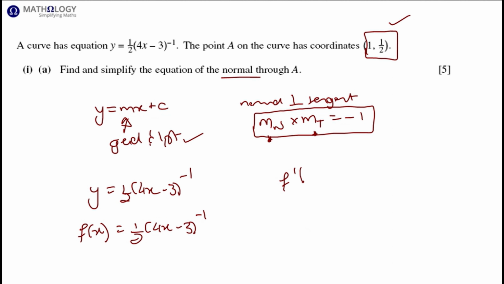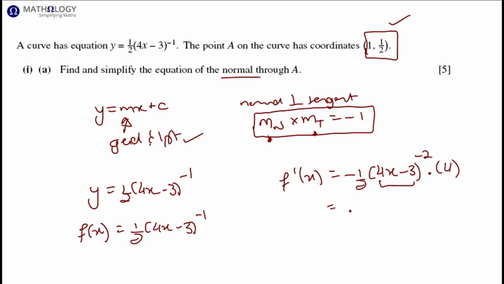Now f prime x represents the gradient of a tangent to f of x. So differentiating f will give us minus a half times 4x minus 3 to the minus 2, and using the chain rule we have to multiply by the derivative of 4x minus 3, which is 4.